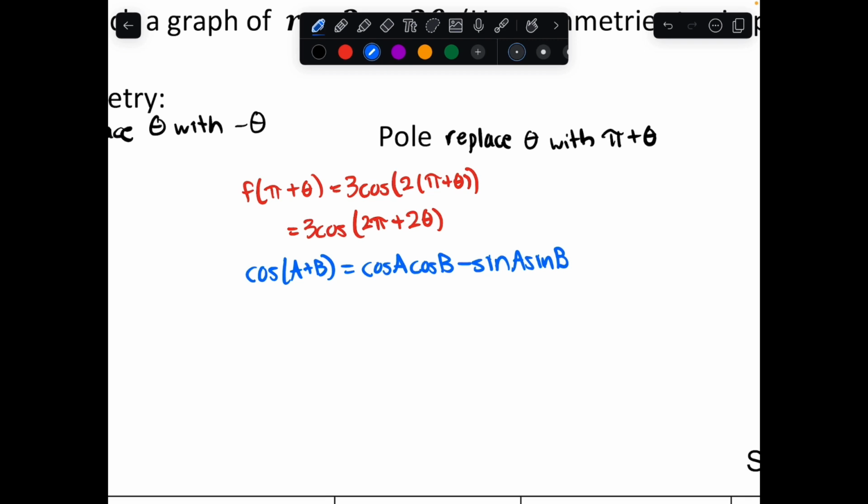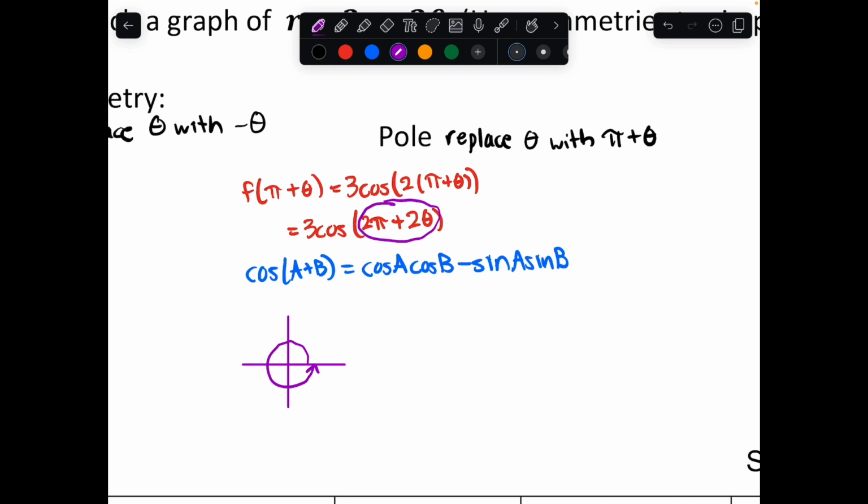But instead of doing it that way, let's actually take a look at our angle, 2 pi plus 2 theta. In particular, let's focus on the 2 pi. What is an angle of 2 pi?